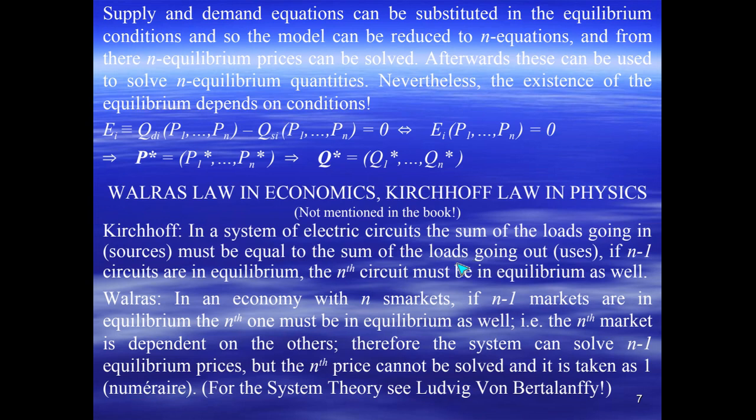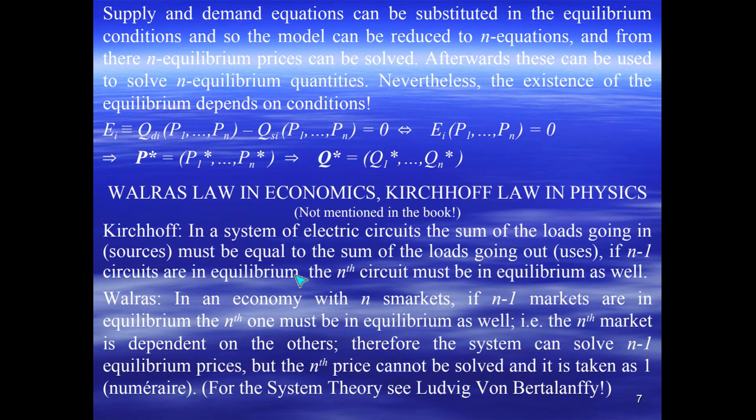All right. Then what does he say? Let's see. In a system of electric circuits, the sum of the loads going in, the sources, must be equal to the sum of the loads going out, the uses. If n-1 circuits are in equilibrium, we have a total circuit consisting of n sub-circuits.